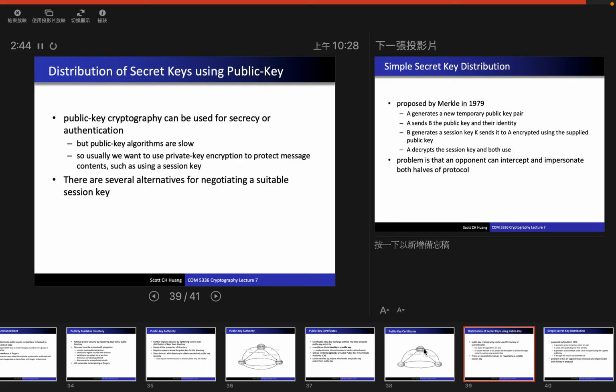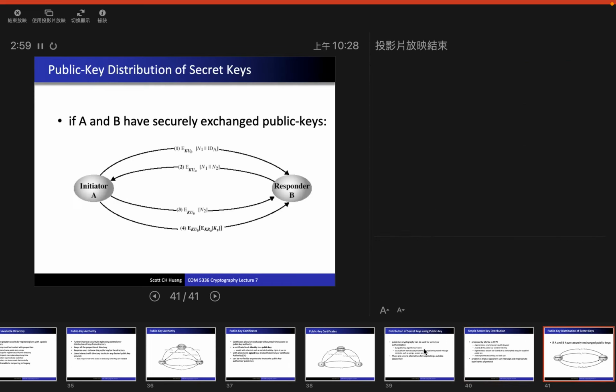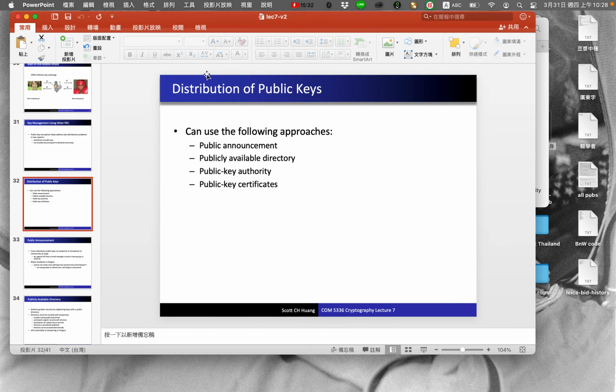We rarely use, for example, RSA to do encryption. We do key exchange and then we use symmetric cryptosystems like AES, because that's a lot faster.